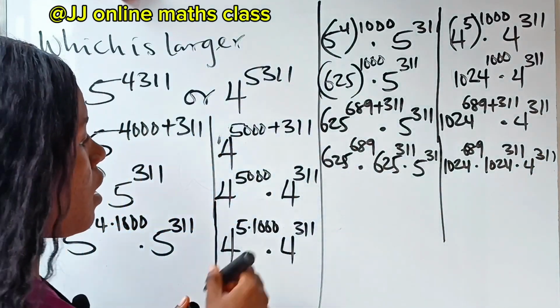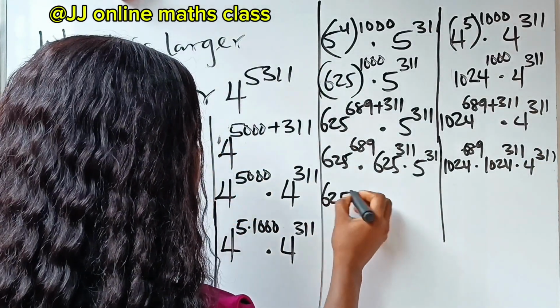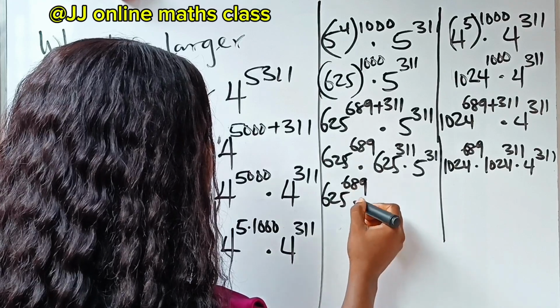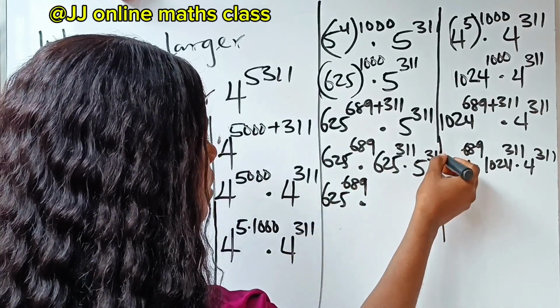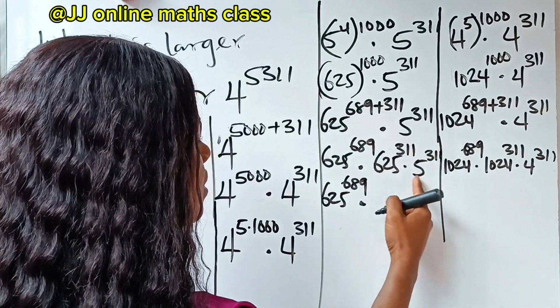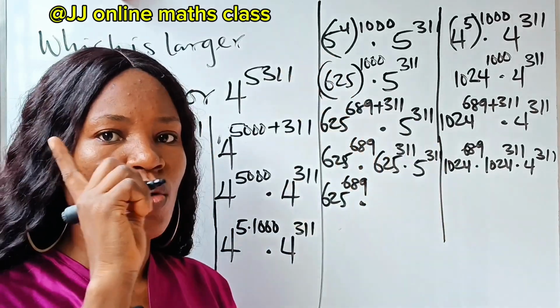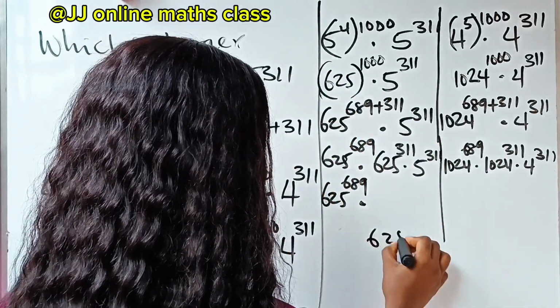Perfect. So we have 625 raised to the power of 689, multiplied by, now this and this have the same power, right? So we can multiply them and raise to the one power. Okay, so let's do that.